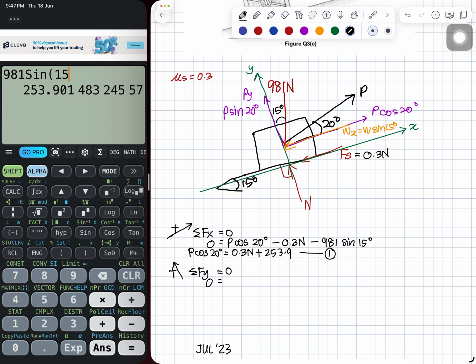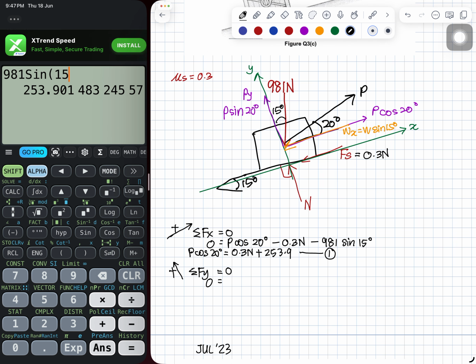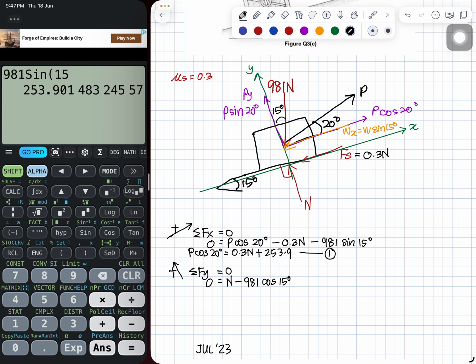We have N, positive upward, and then minus W. So this W is directed downward, so Wy equals 981 cos 15.